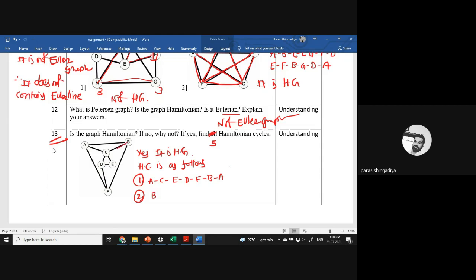So I can consider B to C, E, D, F, A, and then B. That is another one. B to C, C to E, E to D, D to F, and F to A. Clear? Then try to find the third one, then the fourth and fifth. These 3 are for your homework.